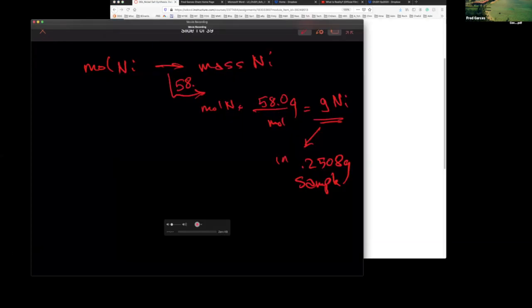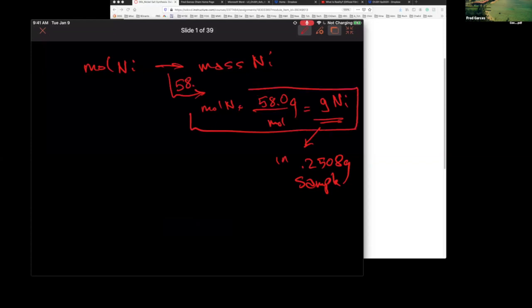Okay, that's this right here from your calibration curve, which is going to be in the 0.2508 grams of sample. So if you take your grams of nickel from your absorbance and you divide it by 0.2508 grams times 100, that'll give you your percent of nickel in that sample.